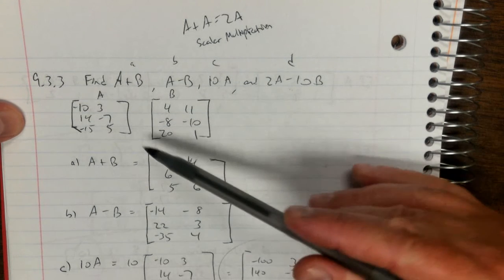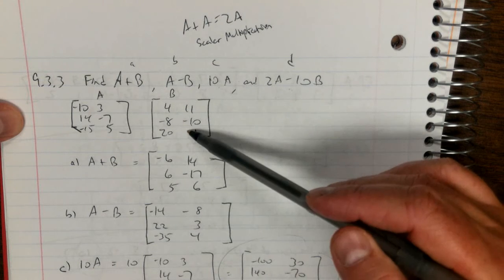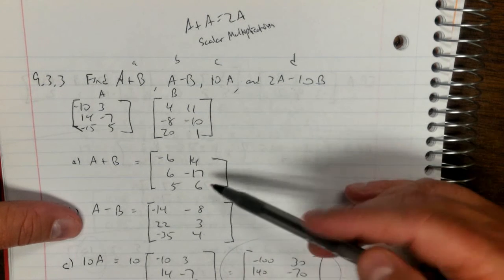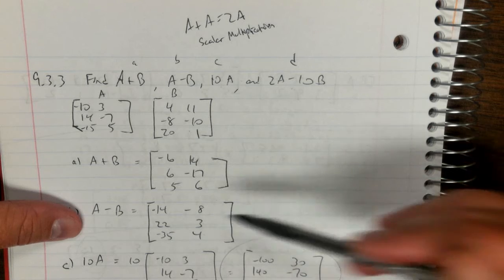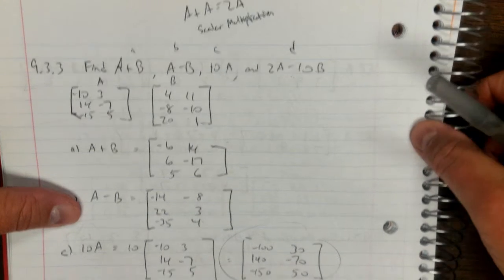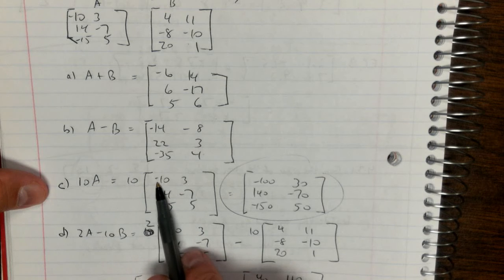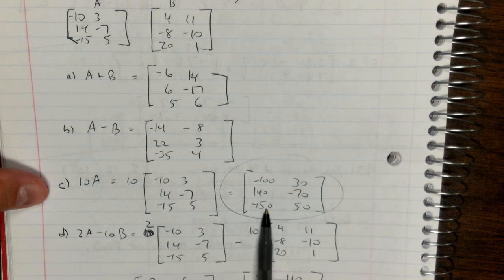So these were my matrices. I did A plus B and A minus B mentally because that's so much quicker than having to type in all the numbers. But then here's like 10A, so I just did it there.